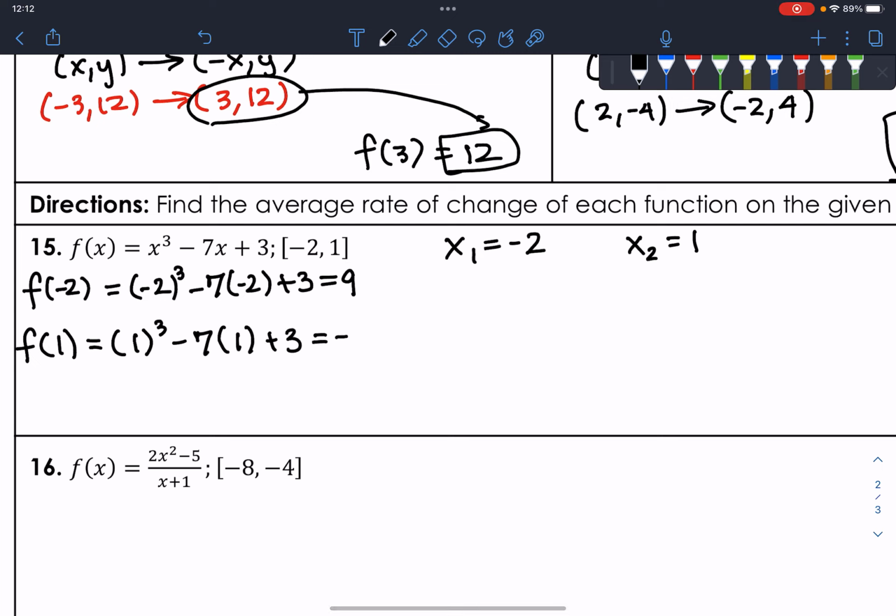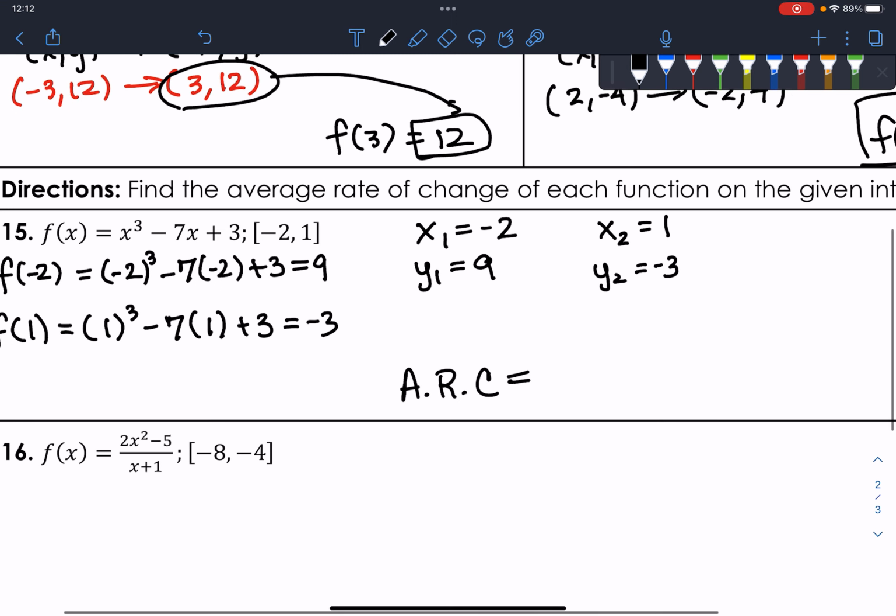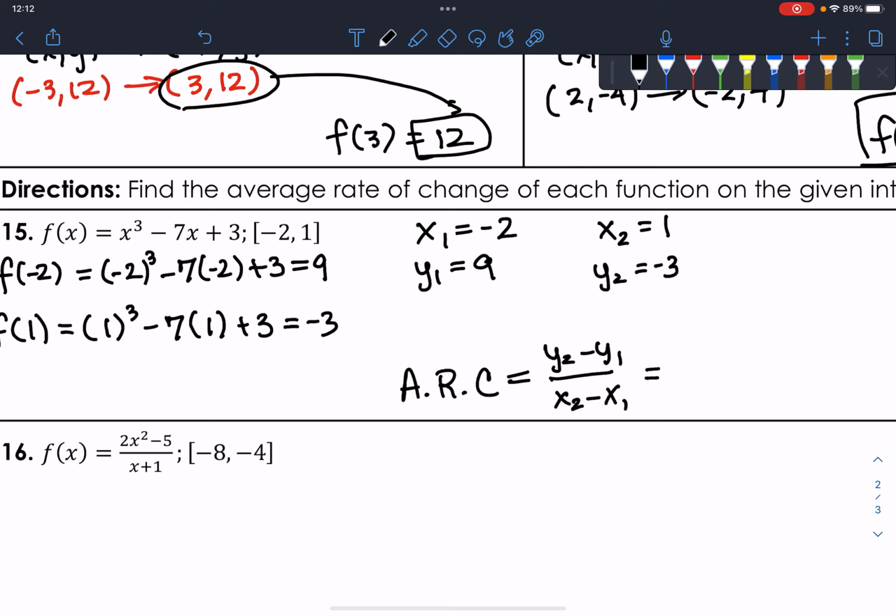Which equals negative 3. So the corresponding y values, the y1 value would be 9, and the y2 value is negative 3. So to figure out the average rate of change, we simply use our slope formula, y2 minus y1 over x2 minus x1.